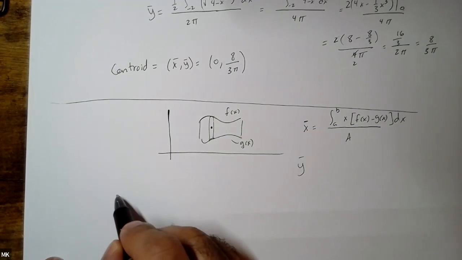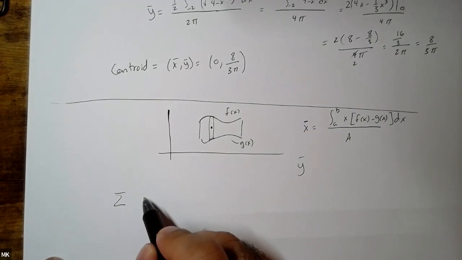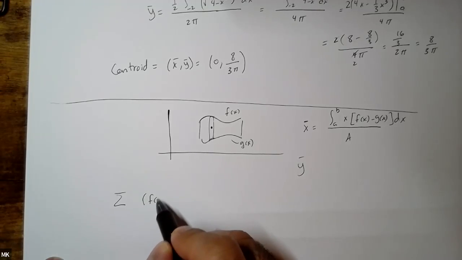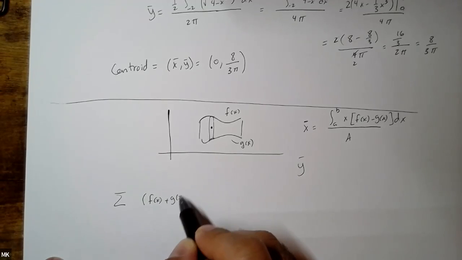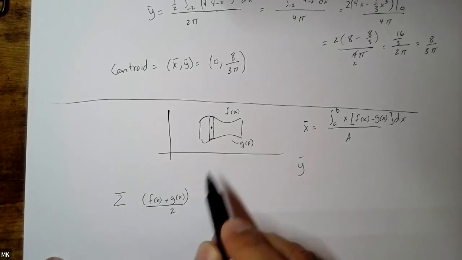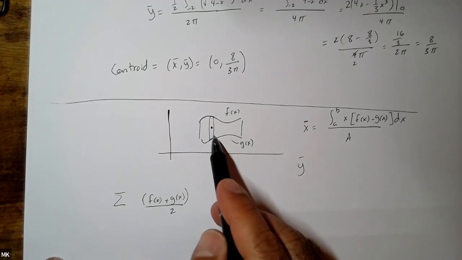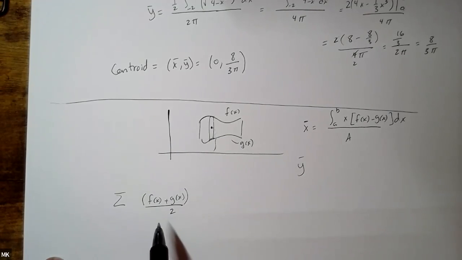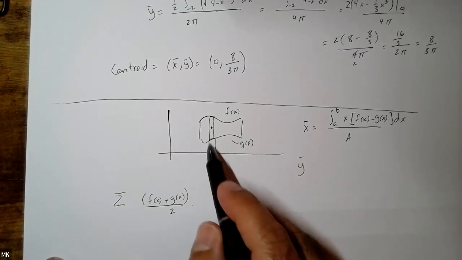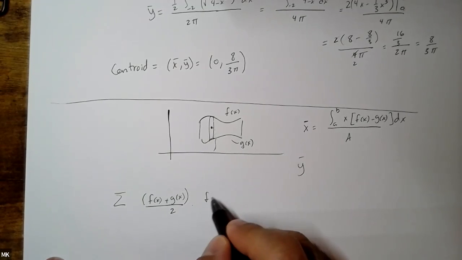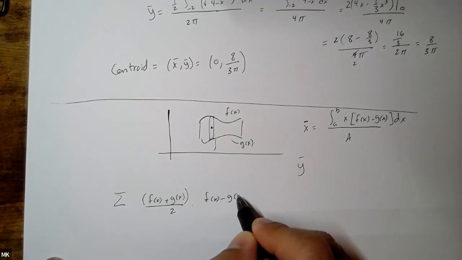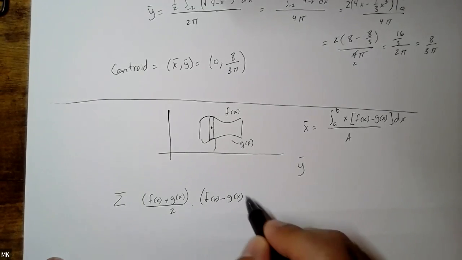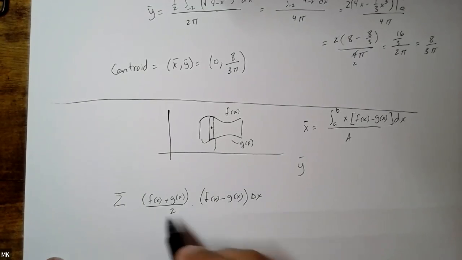So the distance I'm going to use is f of x plus g of x divided by 2. Then I multiply that by the mass of that, which is f of x minus g of x delta x, and of course there is a rho.